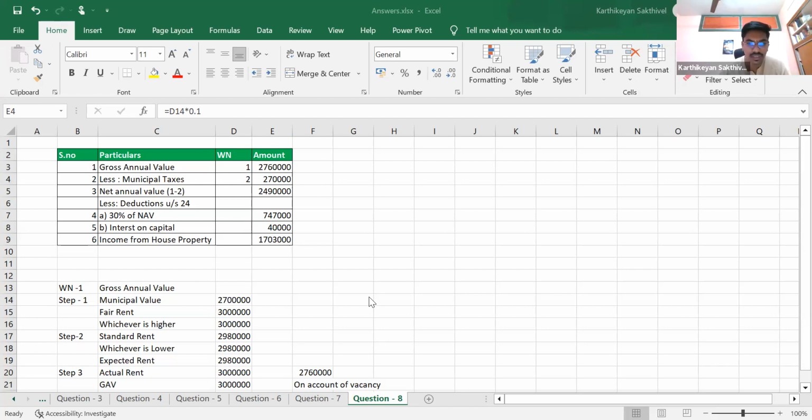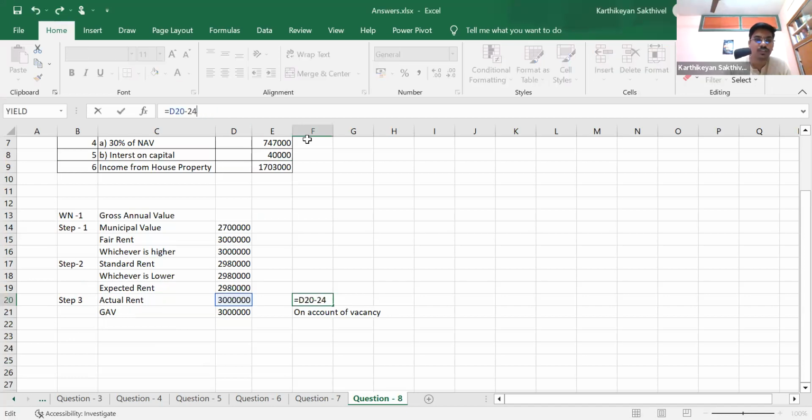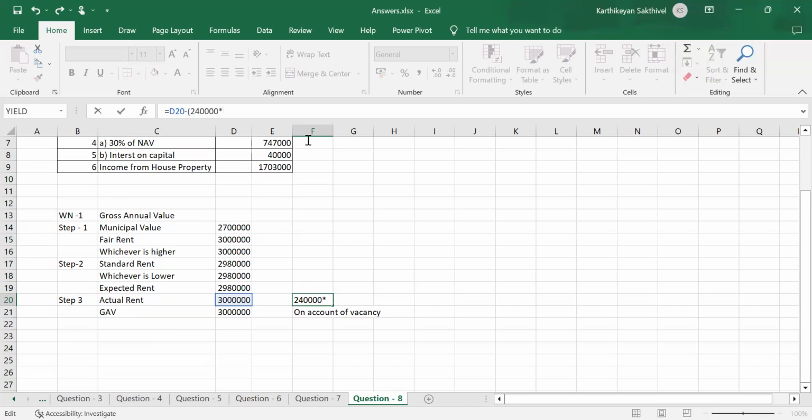Okay, see, the monthly rent is 2,40,000. So basically, the annual rent is 2,40,000 per month, right? So what should I reduce? 240 into, for how many months is the property vacant? For how many months? 4 months. 4 divided by 12.